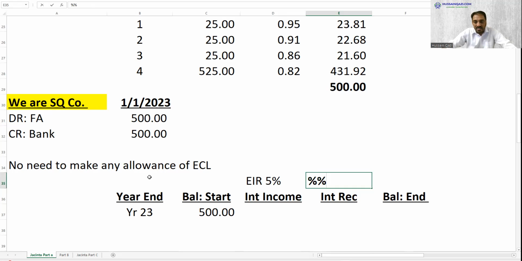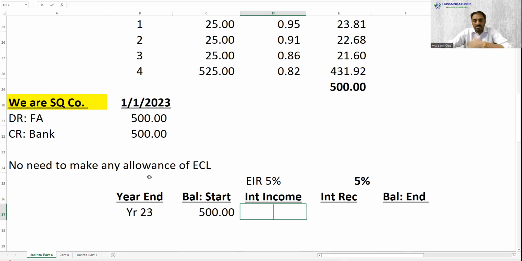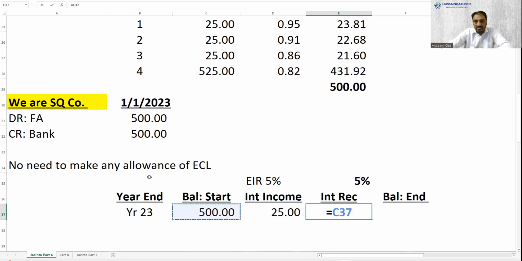Interest received 5%, so it is equal to 500 into 0.05, but here there is a minus point.